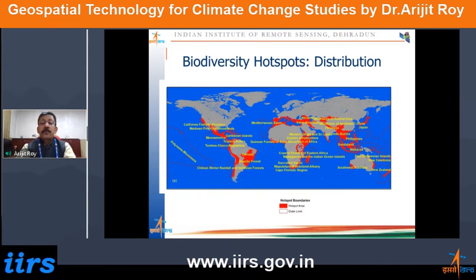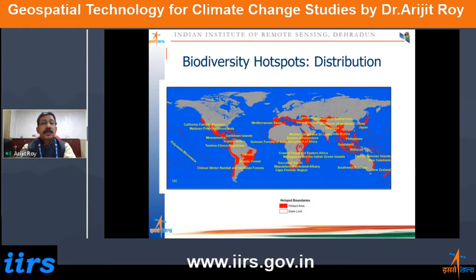A biodiversity hotspot is basically defined as an area which has around 5% of the higher plant species of the entire globe, and which has lost more than 70% of its original vegetation cover.